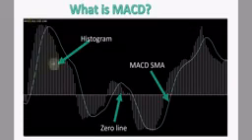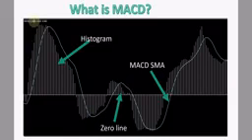This is the histogram. It's actually the difference between the fast and the slow EMA, and this is the zero line. This line here is the MACD SMA line, which we have signified here as 9.